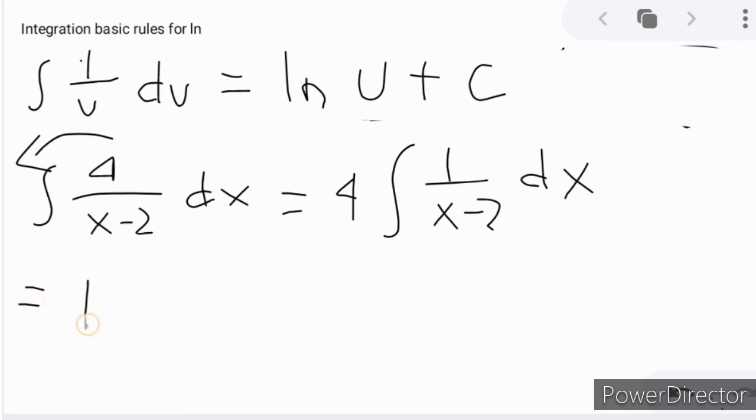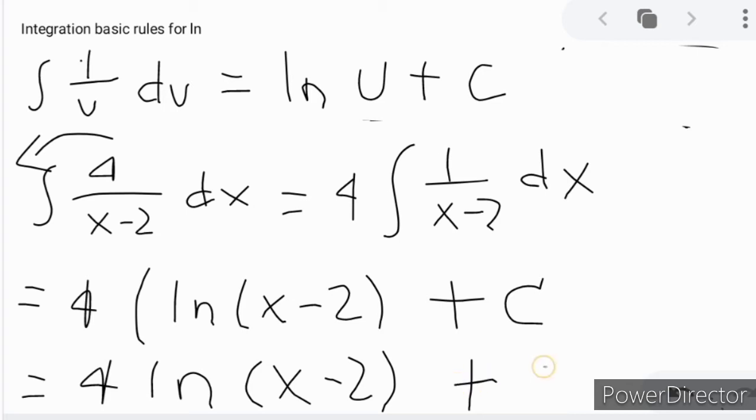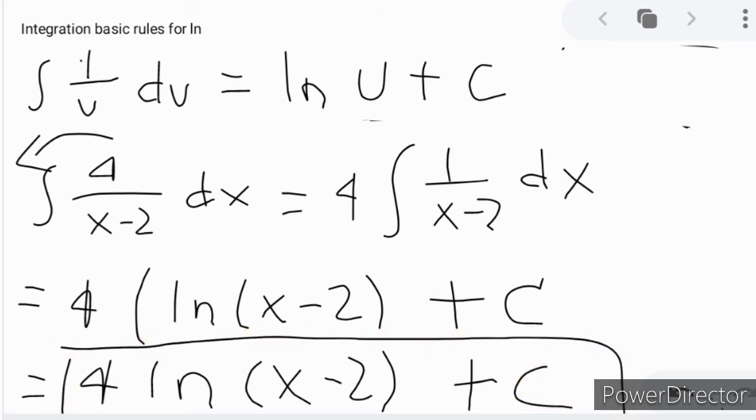Then, the integration of 1 over x minus 2 is equal to ln x minus 2 plus c. So we can distribute the value of 4. So we have 4 ln x minus 2. Since it is constant, we just simply add plus c. So that is the answer.